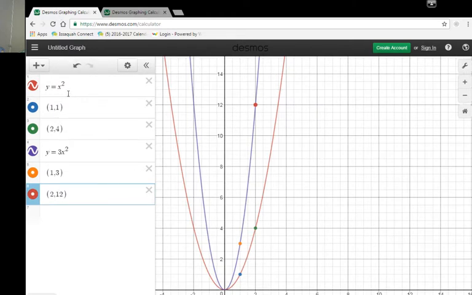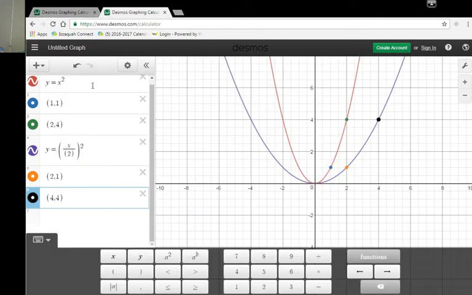There we go. Over here, I want to start off with this one. I had y equals x squared in one graph and y equals 3x squared. And as you can see, when you have an x squared and a 3x squared, the key points went from 1, 1 up to 1, 3, or it went from 2, 4 up to 2, 12. Because we were multiplying the function by 3, the y coordinates were getting multiplied by 3.